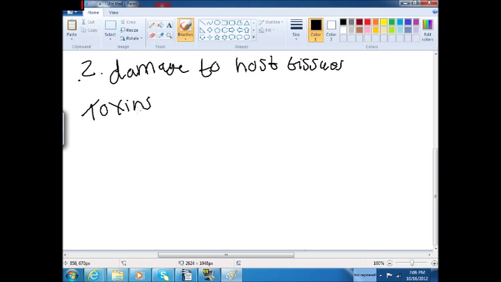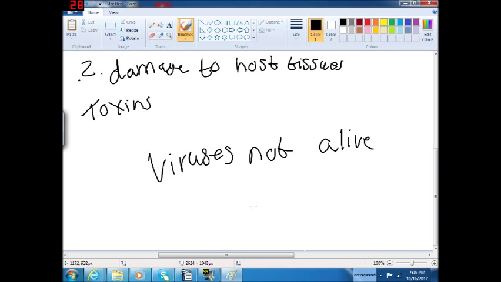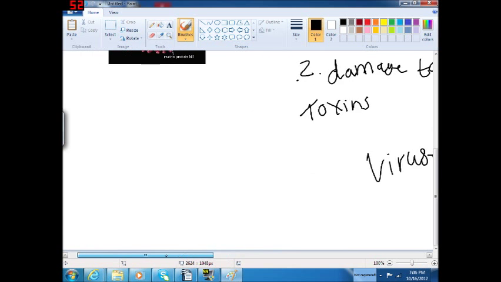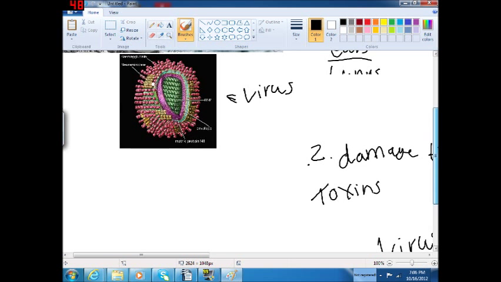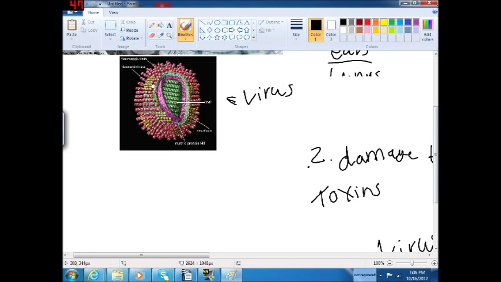there's one last thing that you really need to know, and then we're pretty much done with pathogens except for one thing. All pathogens are alive except one. Viruses aren't alive. Now, this may be a bit hard to imagine, but if we go back here and we actually take a look at this virus, let's see if I can get this a little bit bigger.